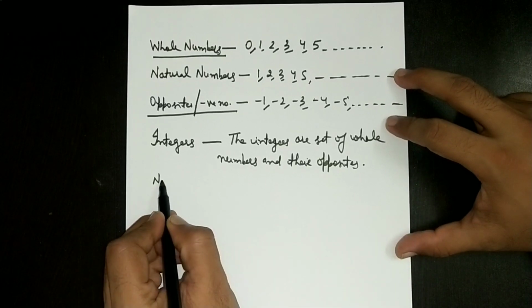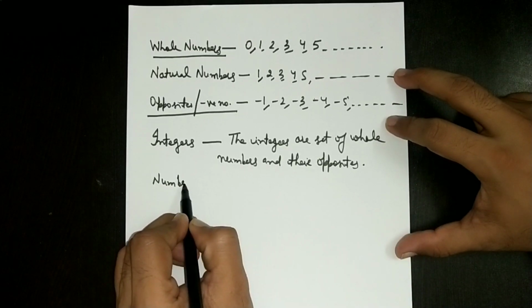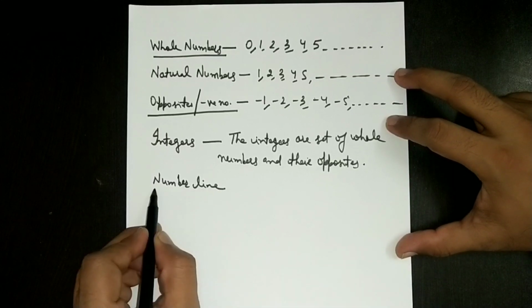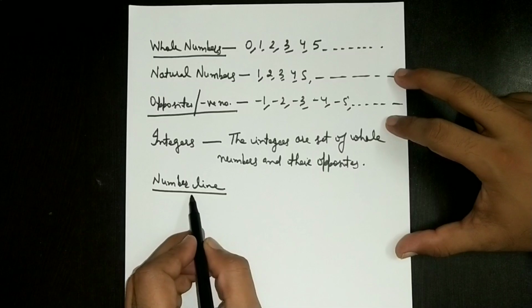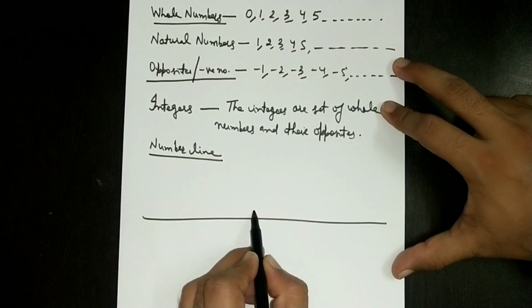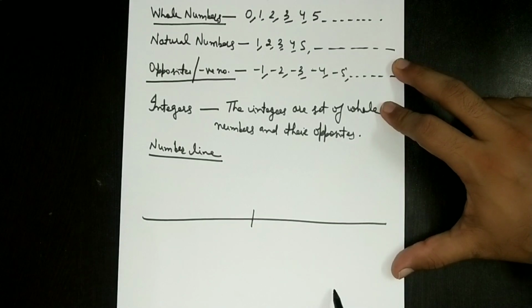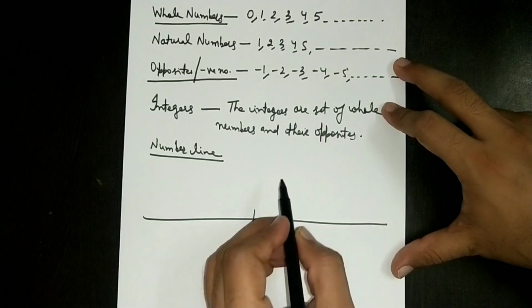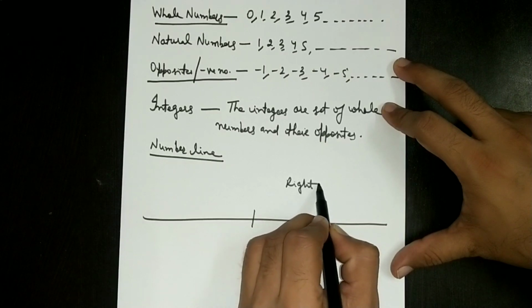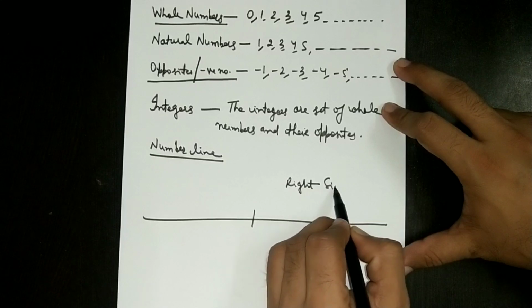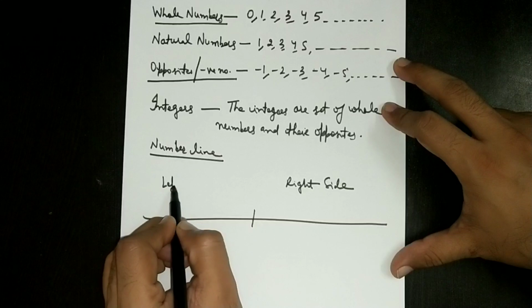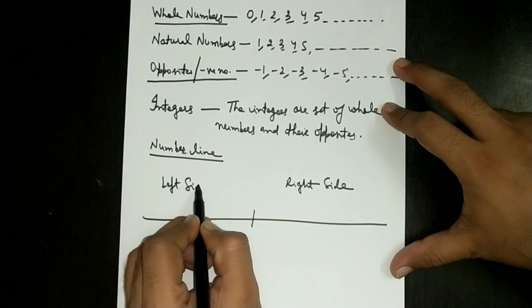Now what is number line? On number line, we can see whole numbers on the right side and opposites on the left side.